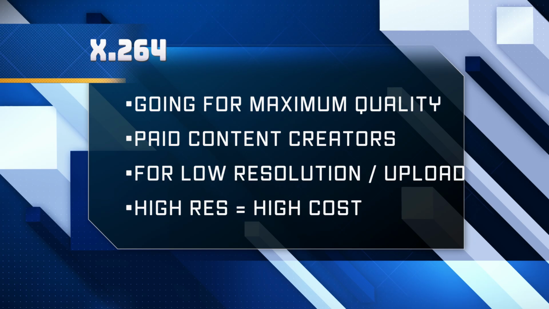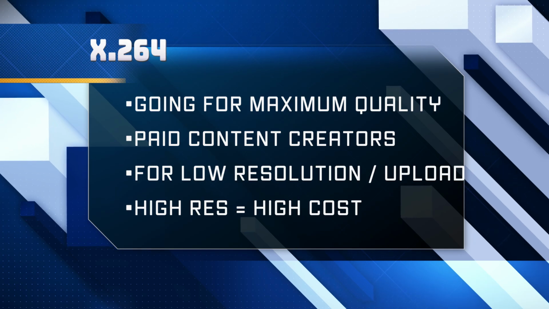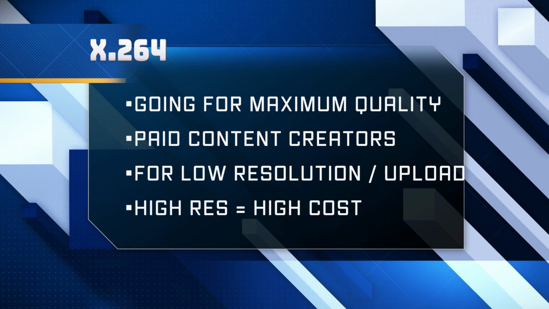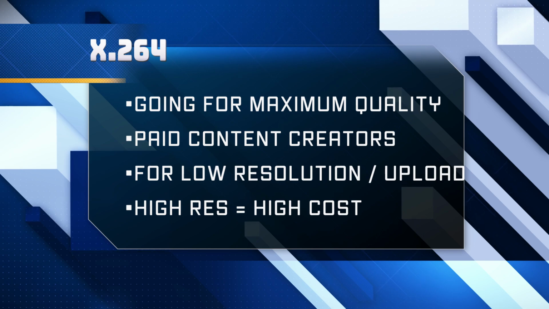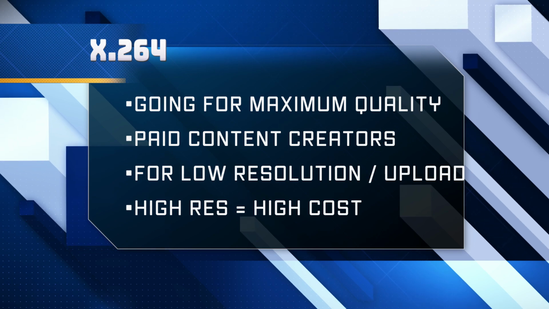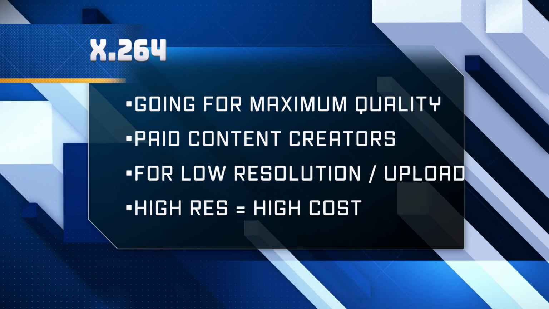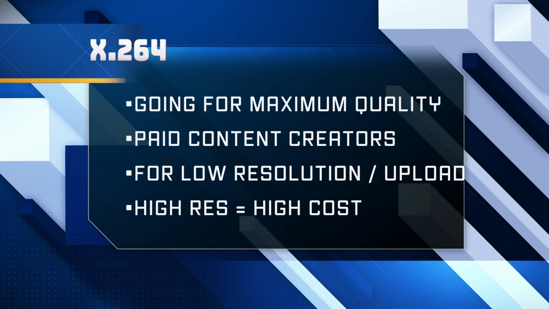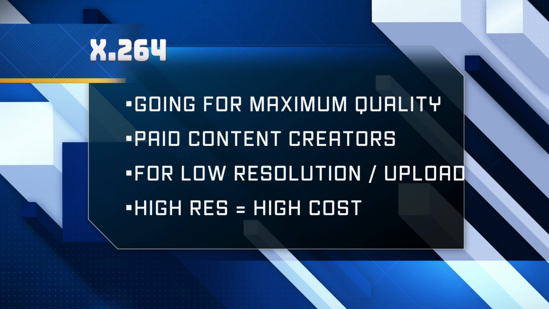Now, I'm aware that my explanations can be long-winded, so let me simplify all this and get straight to the point. For the quality freaks out there, and those who make good income from content creation, stick with X264. It has slightly better sharpness and accuracy across the board, especially in the lower bit rates and resolutions, but it comes at a higher cost because of the expensive CPUs needed to do this well.